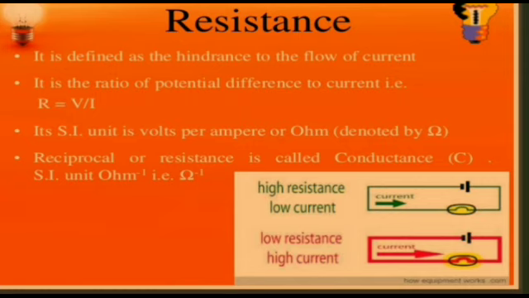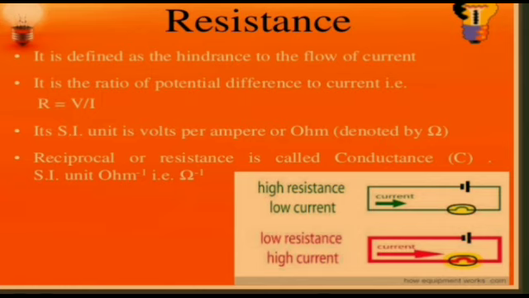If a high resistance is used, what is the current flow? Only a low amount of current flows. If you use a low resistance, a high amount of current flows. That means resistance is nothing but blocking the flow of current. Okay, if any conductor has low resistance, it conducts maximum current.